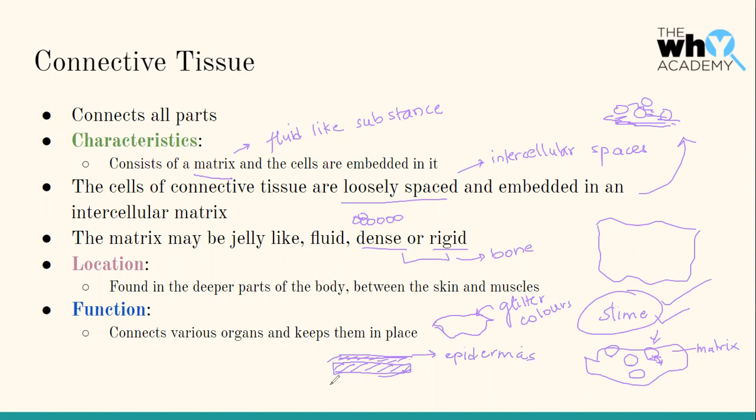And then below this will be your muscle fibers, your blood vessels interconnected in those muscle fibers, etc. So all the important tissues are always below this layer of fat. So deeper parts means way below in the skin, between skin and muscles.